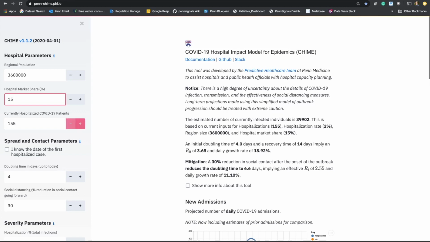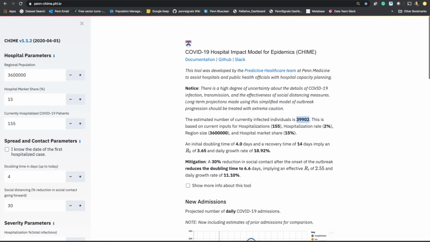And one thing you'll notice in the output panel is that the text summary changes as you enter in different values. And the hospitalized patients is the baseline or standard that CHIME uses to estimate the total number of patients that are infected in the region.